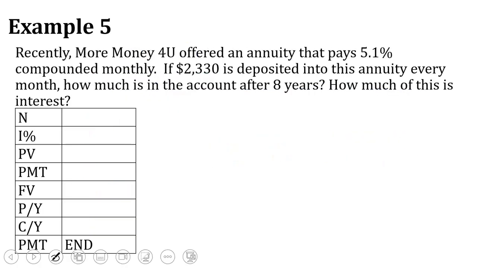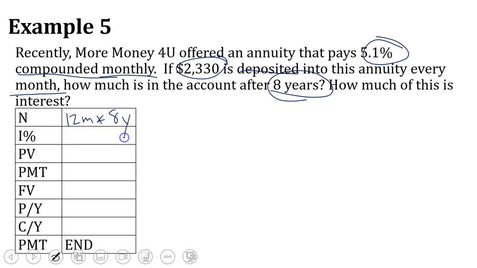Recently, More Money for You offered an annuity that pays 5.1% compounded monthly. If $2,330 is deposited into the annuity every month, how much is in the account after 8 years? My number of payments, 12 months times 8 years.